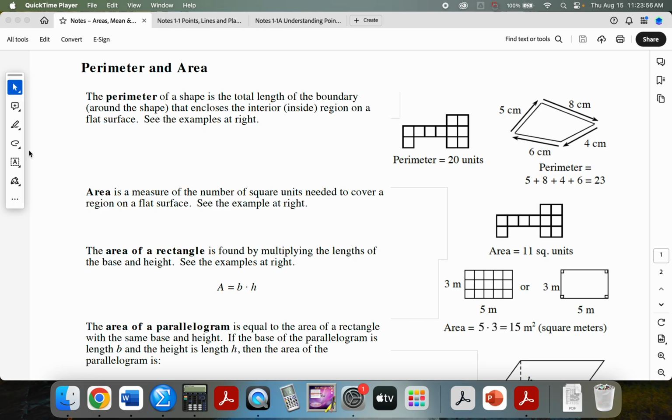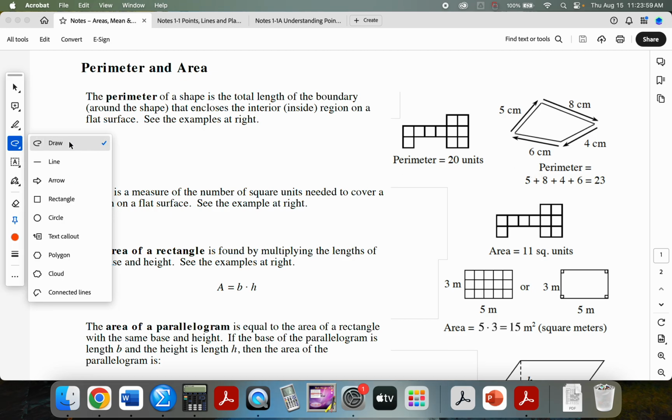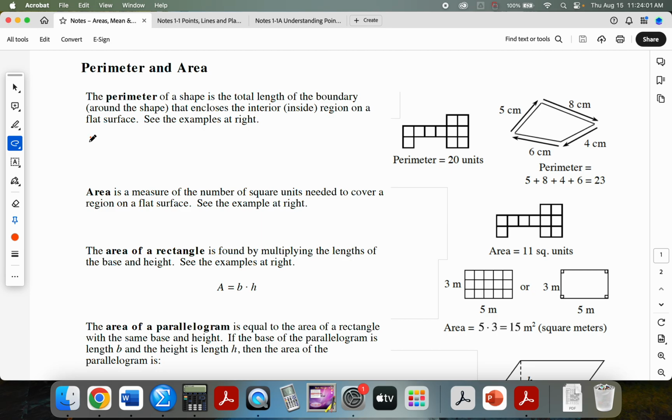So sometimes people will say this then: the perimeter can be found by adding the lengths of all of the sides. And if I'm writing something, you're writing it also, unless I tell you not to.